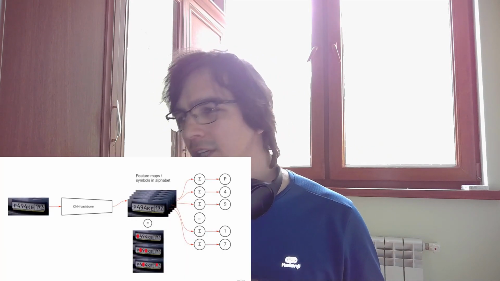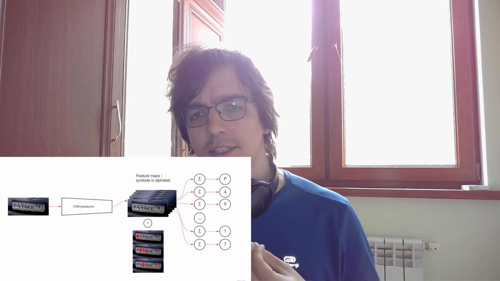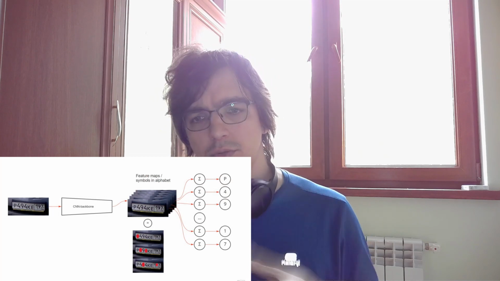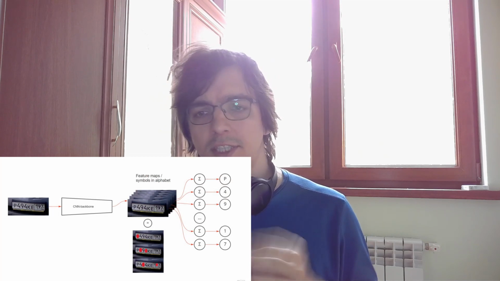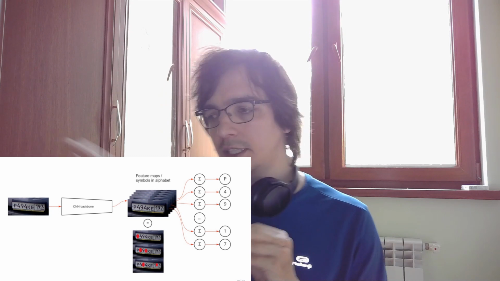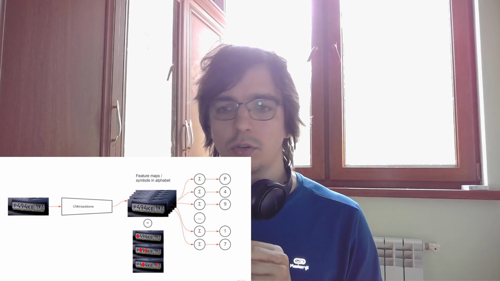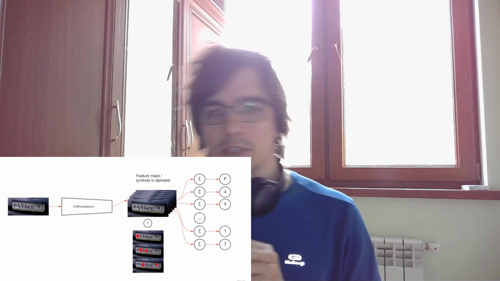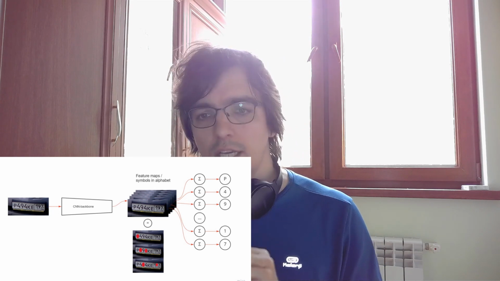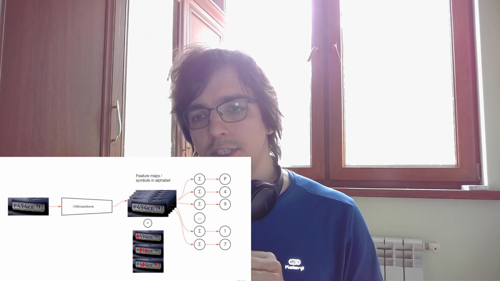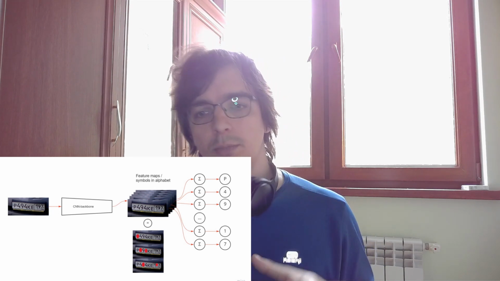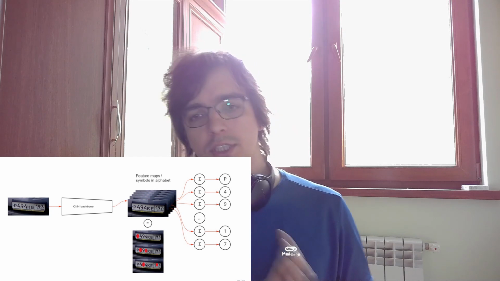The third approach, recognition through attention. There are a few different variants of this, but the main idea: you classify the number by which symbols it has, and after this classification you look at the attention map and find the location of each symbol.